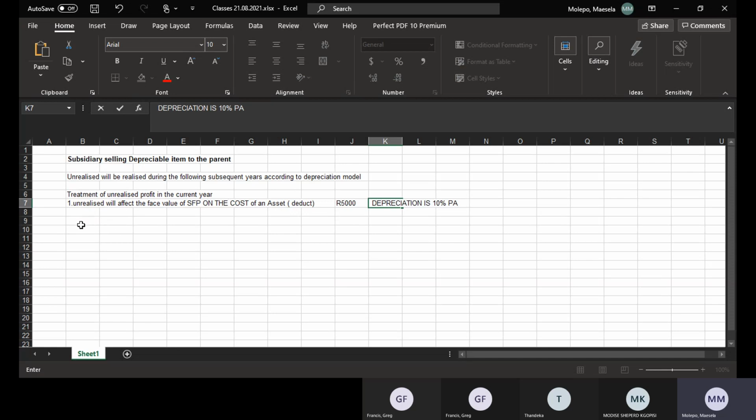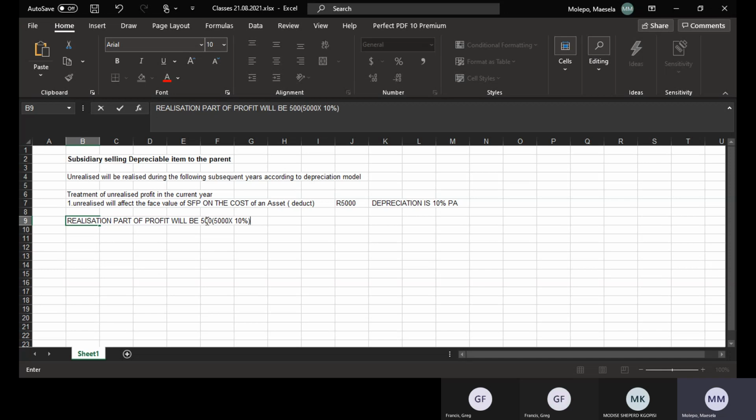Now, it means when you will be realizing this depreciation, the realization part of this profit will be 500, which comes as a result of 5,000 times 10% for the whole year. So it means we're only going to realize the 500 as part of our profit in the subsequent year. So this will be done in the following year.